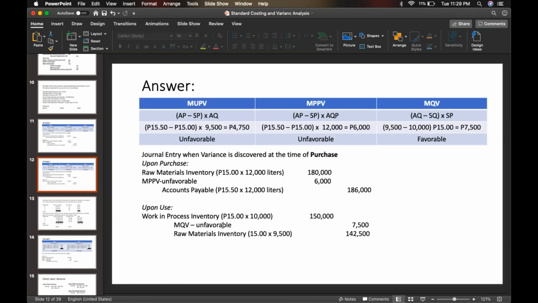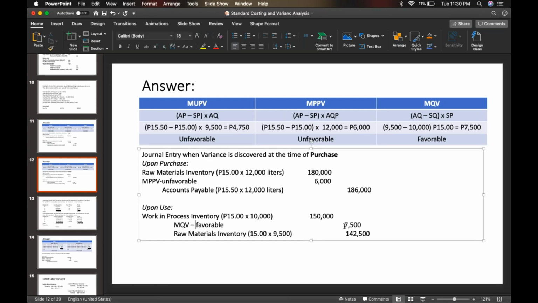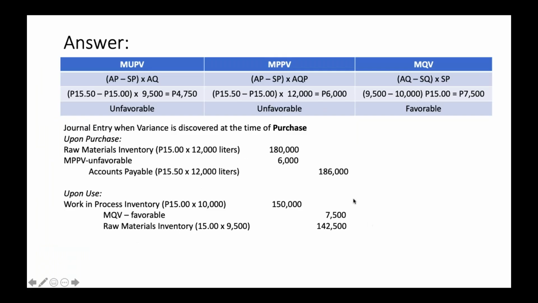Oops. And this is not unfavorable. This is favorable. Okay. So upon use, debit work in process 150, credit material quantity variance favorable 75, and then credit raw materials inventory 142,500.